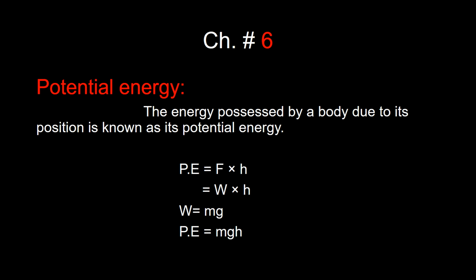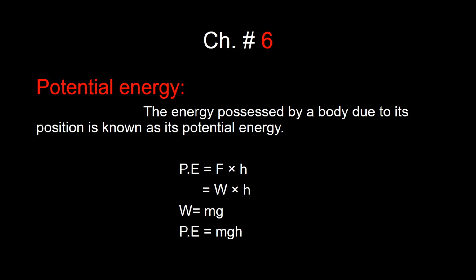The potential energy possessed by the hammer, I told before, is due to its height. And energy present in a body due to its height is called gravitational potential energy. For the derivation, I have given the formula potential energy is equal to mgh. Keep in mind it's the formula for gravitational potential energy. Students, suppose that a body of mass m is raised up through a height h from the ground.